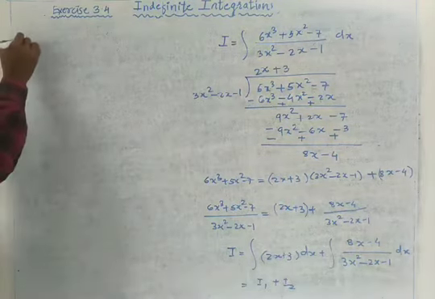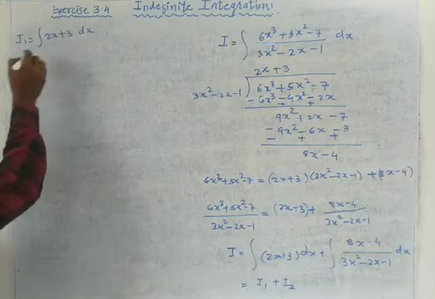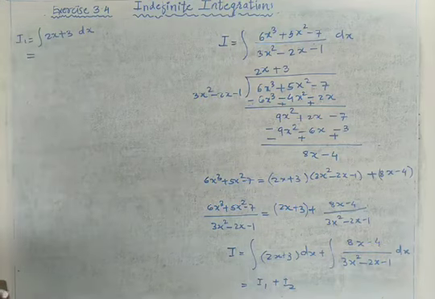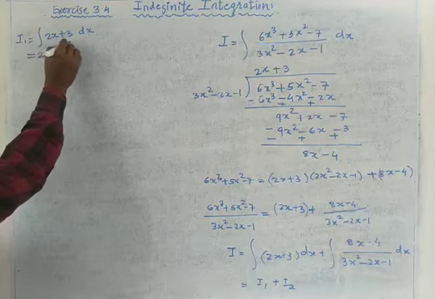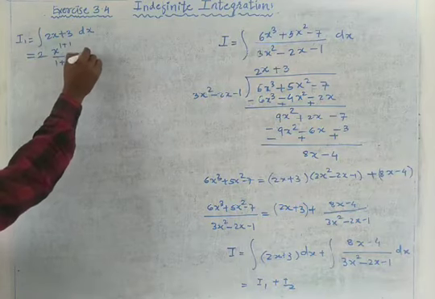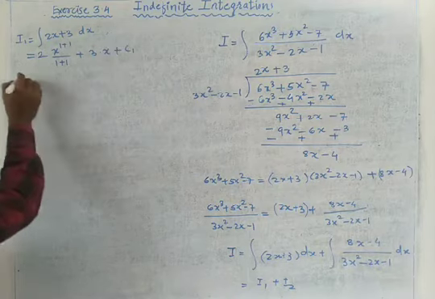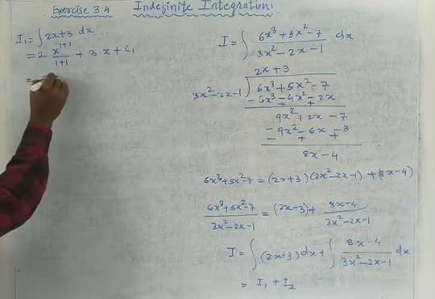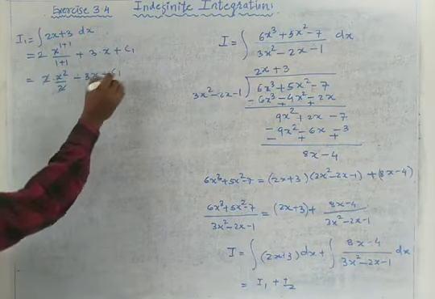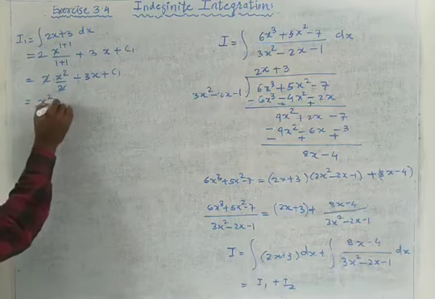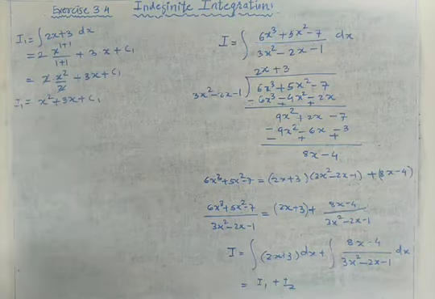I1 is integration of 2x plus 3 dx. That is 2 into x to the power 1 plus 1 upon 1 plus 1, plus 3 into integration of 1 dx, that is x, plus c1. So we get 2 into x square upon 2, that gets cancelled, plus 3x plus c1. So x square plus 3x plus c1 is the value of I1.